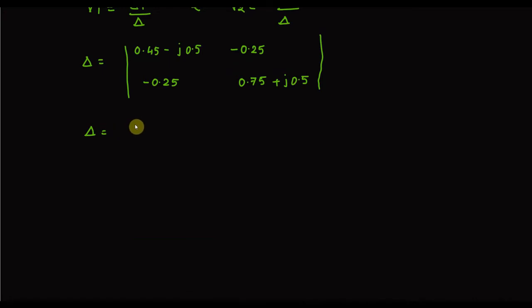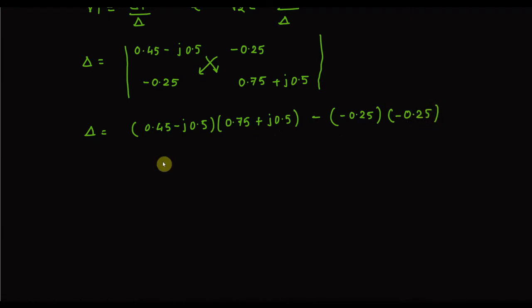When you solve the determinant, it is simply cross multiplication: 0.45 minus j0.5 multiplied with 0.75 plus j0.5, minus of minus 0.25 and minus 0.25. When you solve this, I solved it in a calculator.